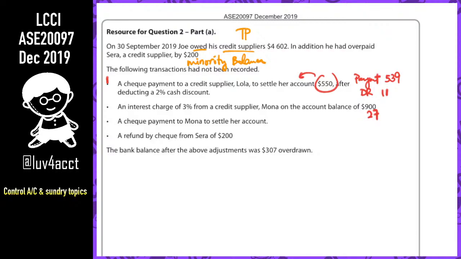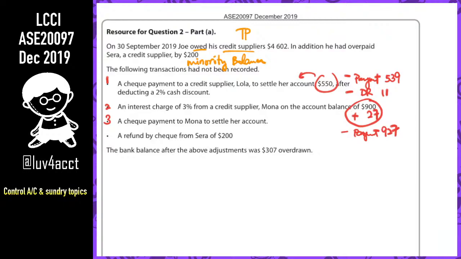Interest is an addition, and payment and discount received are a reduction. A check payment to Mona to settle her account. Who is Mona again? Mona is the one that we owe money to in the previous point. Our payment, again, if it is payment, then it is negative, 927.